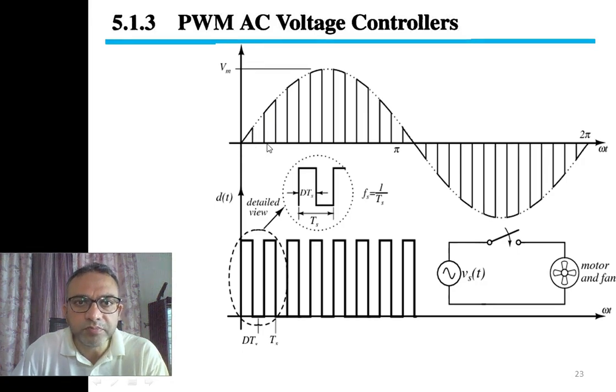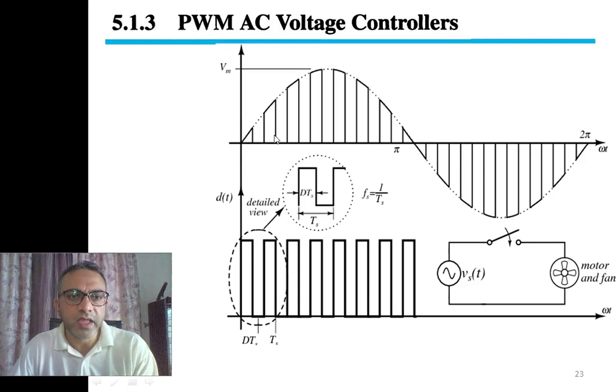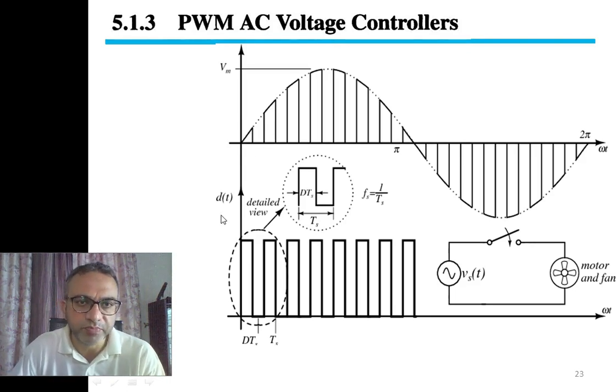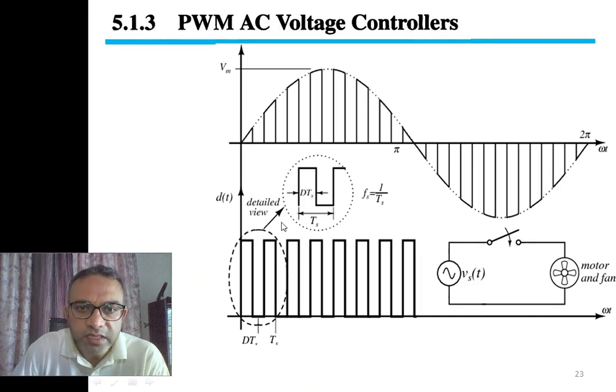This bold PWM AC voltage can be obtained if we multiply the normal sine wave with these pulse trains. If we multiply a normal sine wave with these simple pulse trains, we can get the PWM AC voltage sine wave.